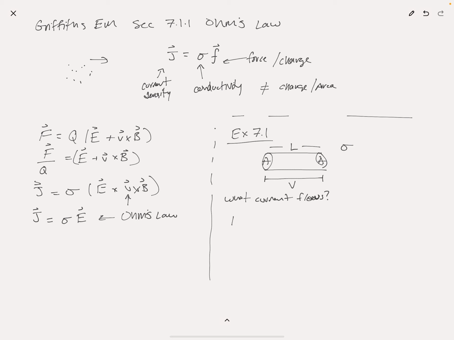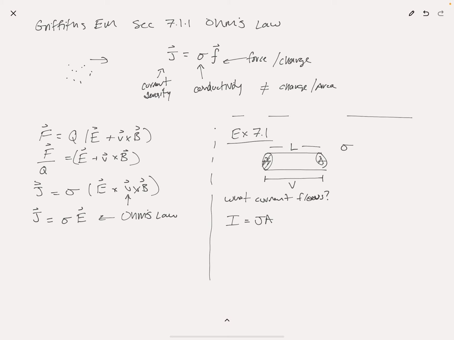All right, well, we start by saying that the total current is related to the current density. The current density is the amount of current that goes through an area. That's J times A, because we have all the current going through our whole surface.